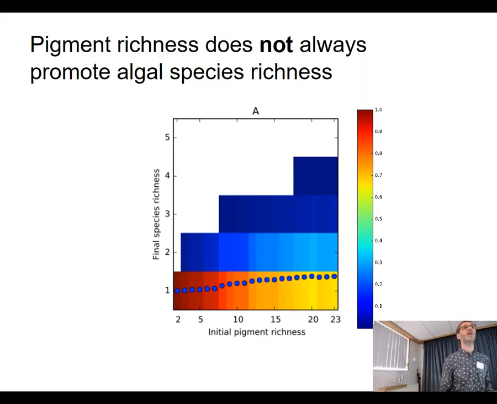So this shows that pigment diversity actually does very little to help species diversity. So there must be other factors explaining why we have such a big diversity in the phytoplankton, which I mean are also described in the literature, and I will not go into detail here. But the point is that trait diversity does not automatically mean you have a high species diversity.